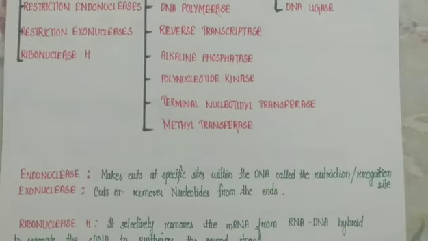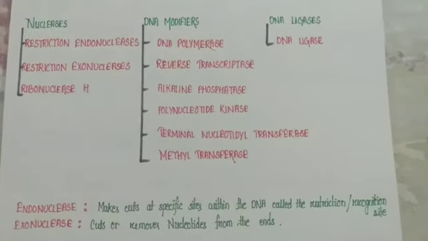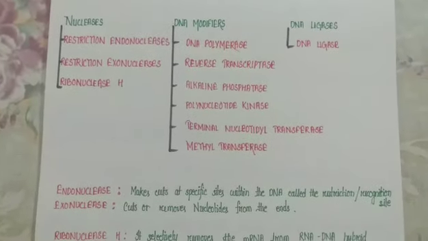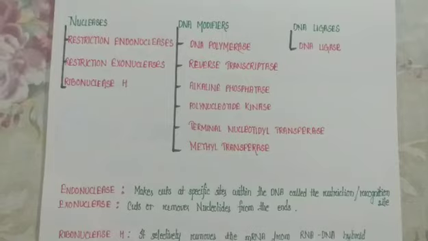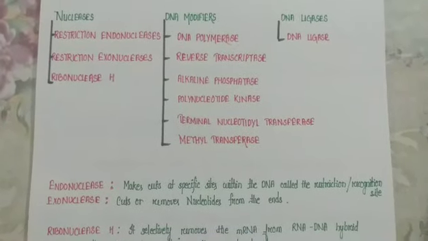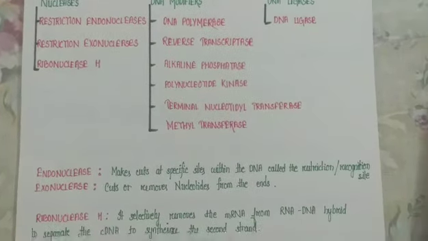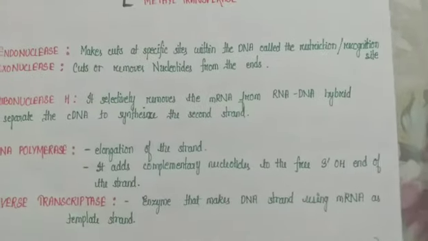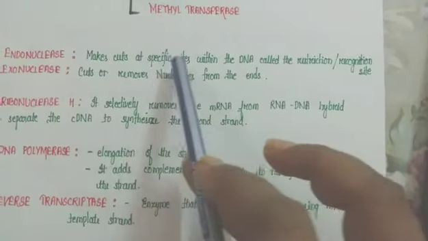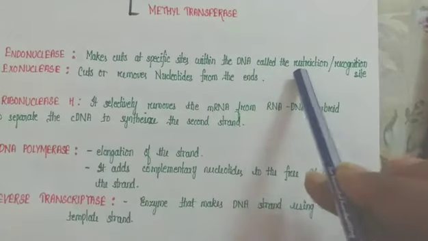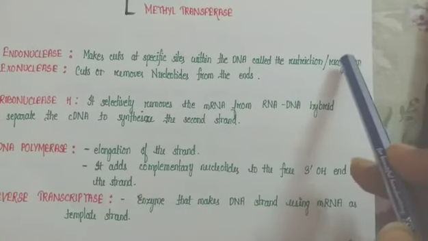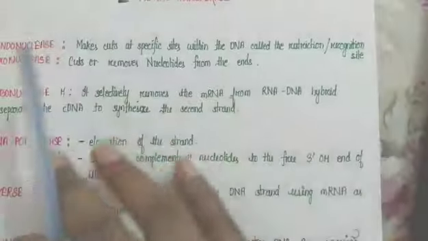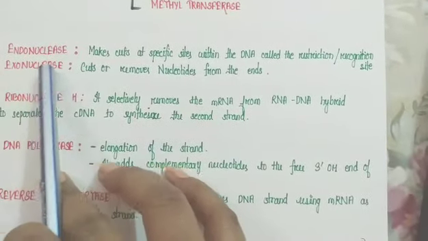Restriction endonucleases are those restriction enzymes which make cuts at specific sites within the DNA called the restriction or recognition site. So what do we understand by that?